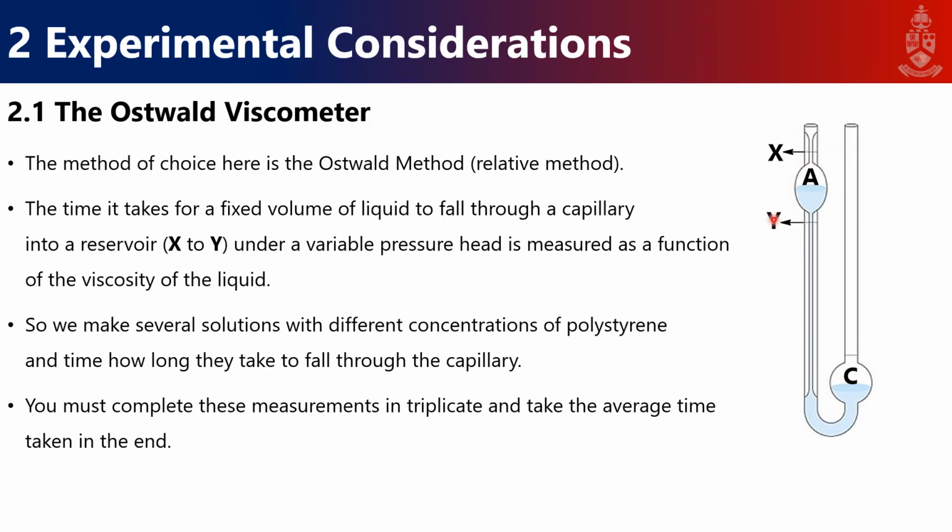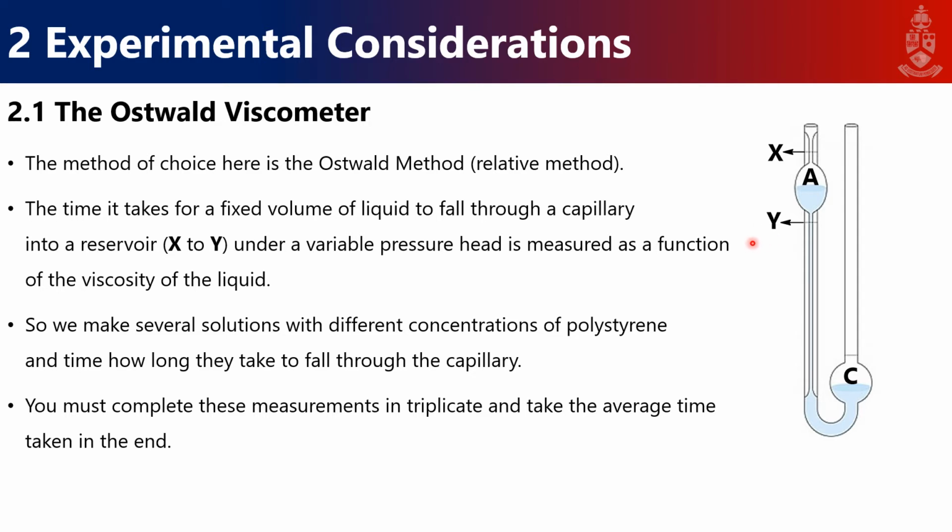That's not what we're studying, but anyway. We're looking at how long it takes for the liquid to fall between 2 points. And we measure that rate as a function of the viscosity of the liquid. So that's what we get at the end of the day.